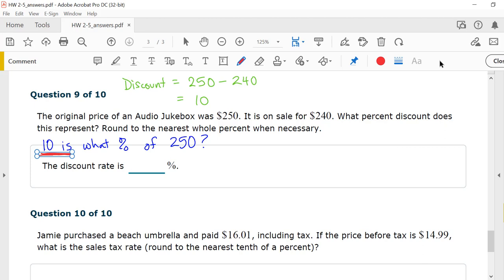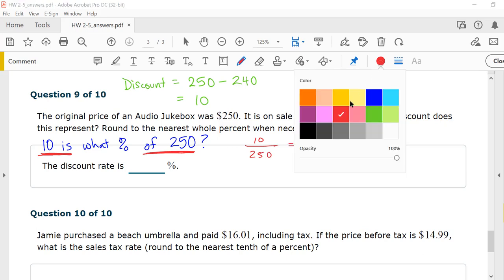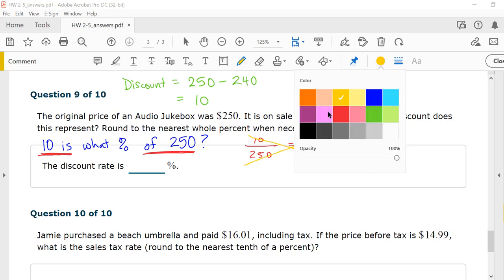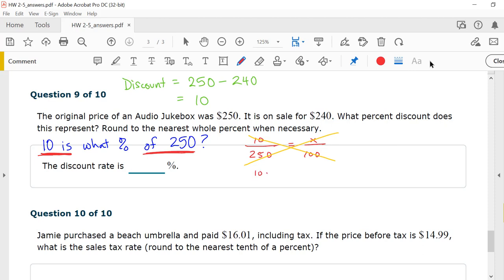The percent's going to be the X. 10 is what percent of 250, X over 100. 10 times 100 equals 250 times X. So 10 times 100 is 1,000 equals 250X.